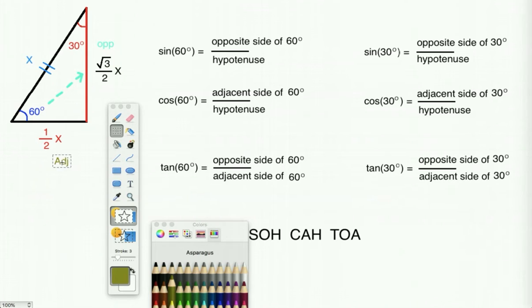So compared to the 60 degrees, this 1/2 x is adjacent, and that square root of 3 over 2 times x is the opposite side. This is opposite of 60 degrees, so everywhere here that says opposite of 60 degrees, let's change that for this.